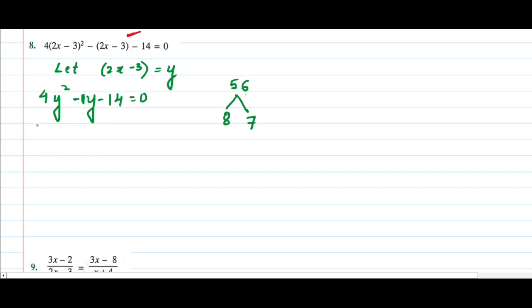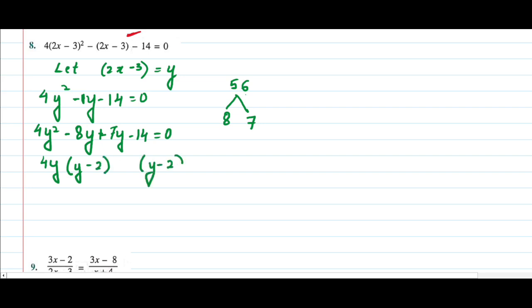So I'll write 4y square minus 8y plus 7y minus 14 equals 0. Here I'll take the common terms: 4y is common, the remaining terms are y minus 2, and here also I'll write y minus 2.